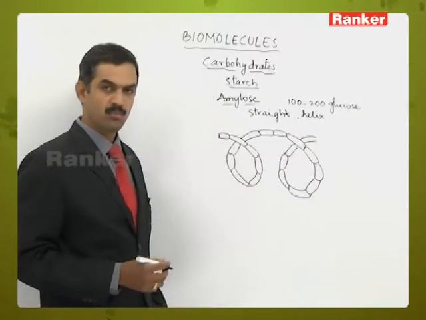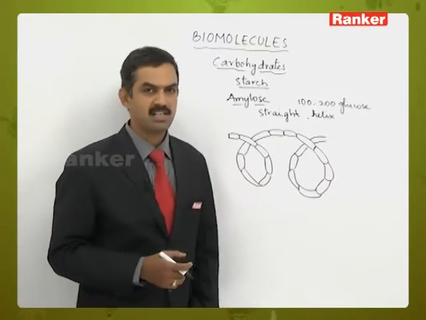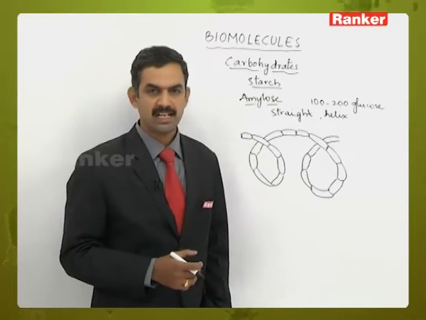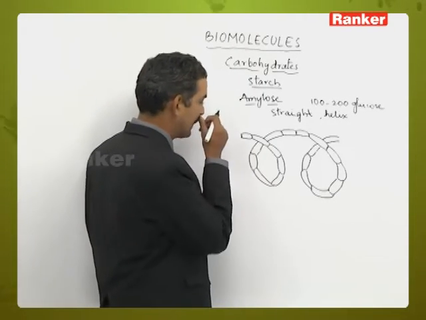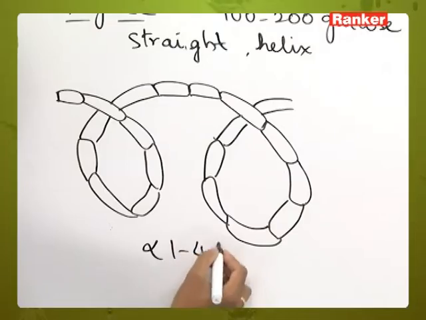Likewise, helices will be produced. This type of organization can be seen in the amylose, where 1,4 linkages are present. Between the glucose molecules we can see alpha 1,4 linkages.